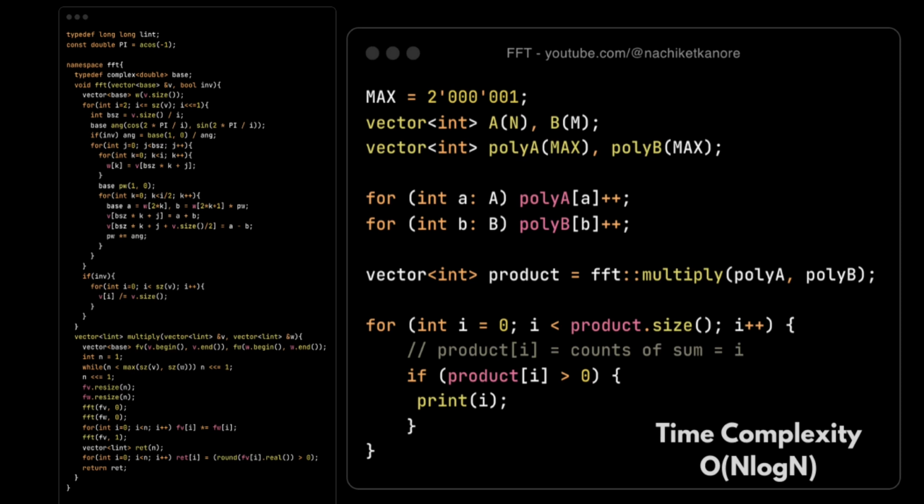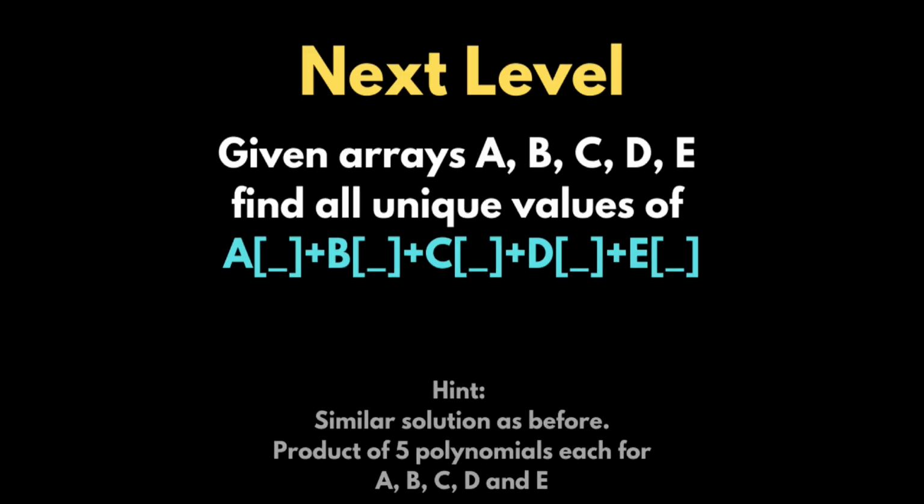Now we will simply use the product multiply function provided by the FFT namespace, and the product will be computed in n log n time. After that, if the coefficient is positive, that means that particular sum is possible and the exponent will be printed, because that is the sum that we are finding out. That's it about this problem.